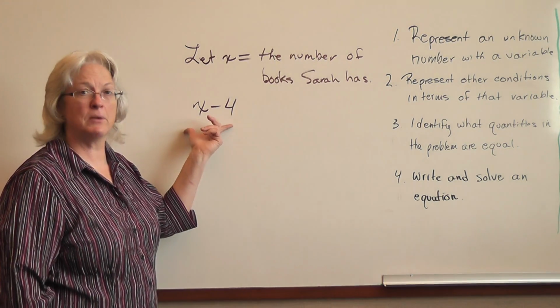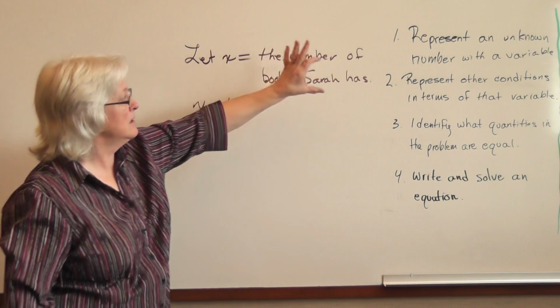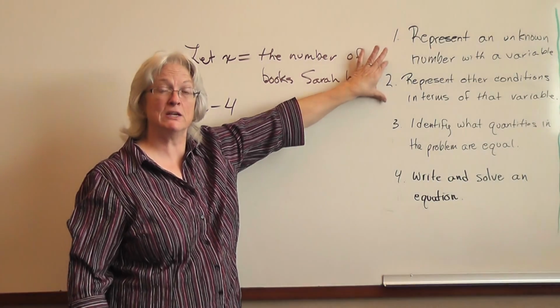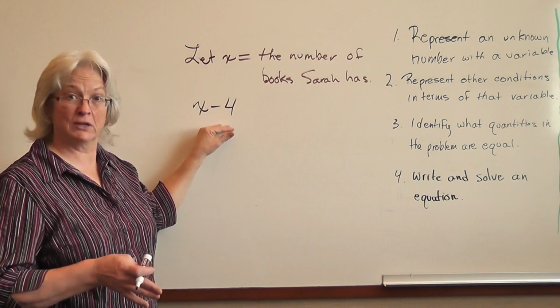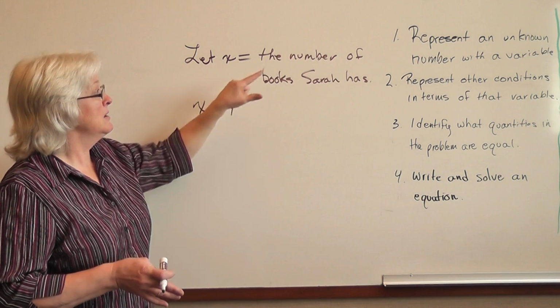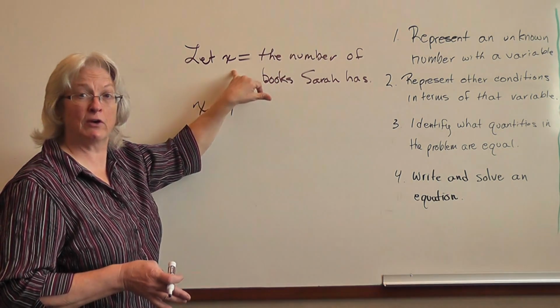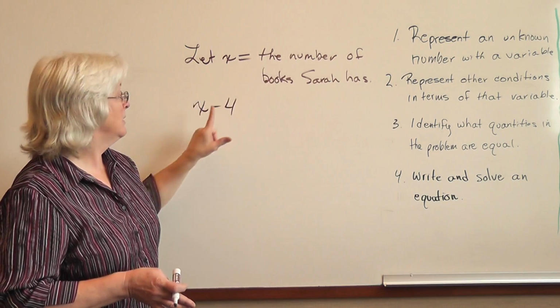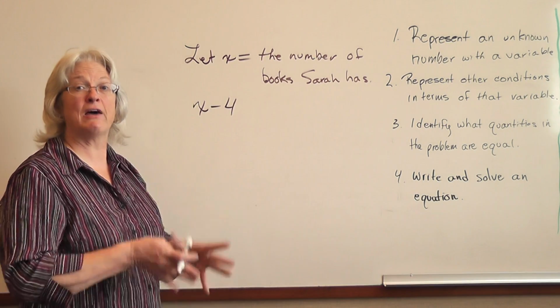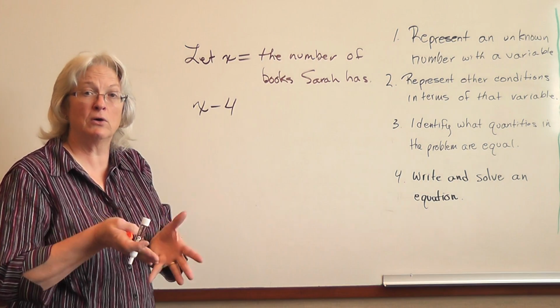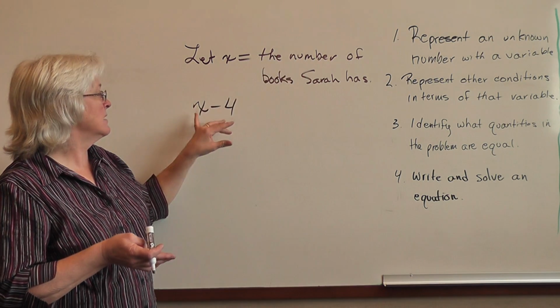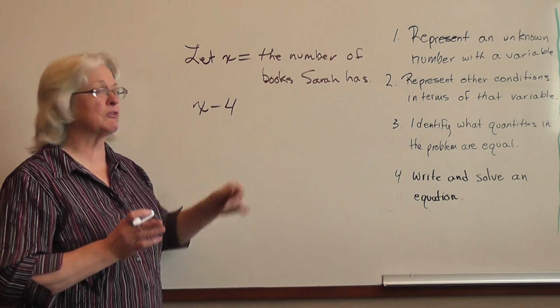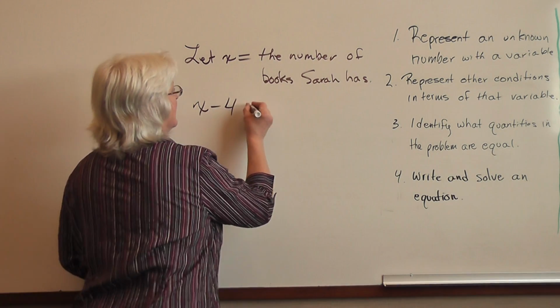So this is where we come up with the second part of our procedure for writing an equation, where it says represent other conditions in your problem in terms of that same variable from step 1. Here we have X that represents the total number of books that Sarah has. We subtract 4 from the number of books that Sarah has.